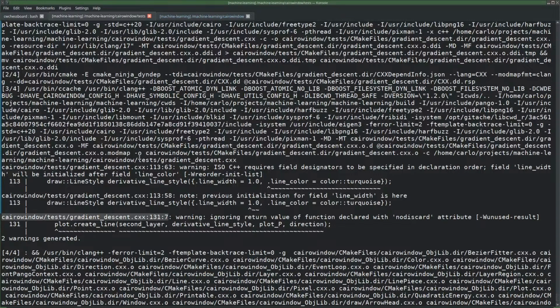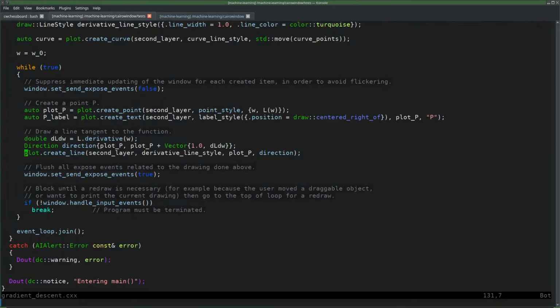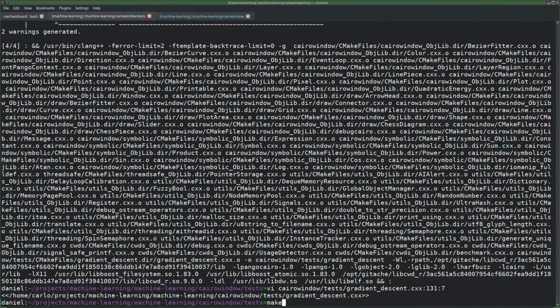Oops, warning, ignoring. That's not good. We have to do the derivative. At least I think it was an auto reference.